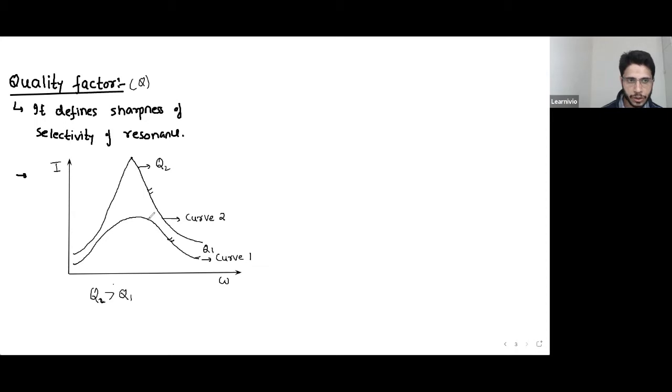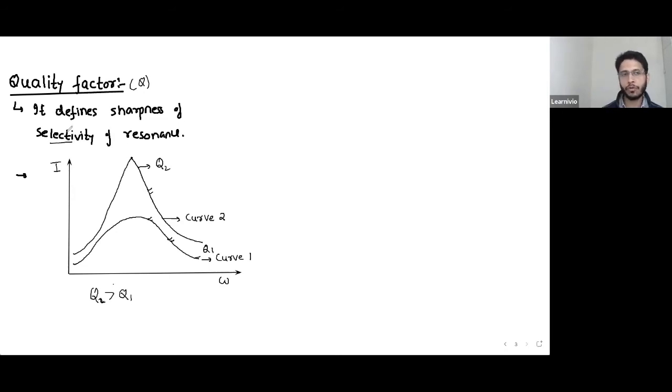But if you are using a radio set having this type of curve, then here the quality is bad. This can select two or more radio stations simultaneously. So if in your radio set two or more stations start simultaneously, then there is noise. You won't understand what is happening. So this quality factor basically decides the selectivity of the circuit.